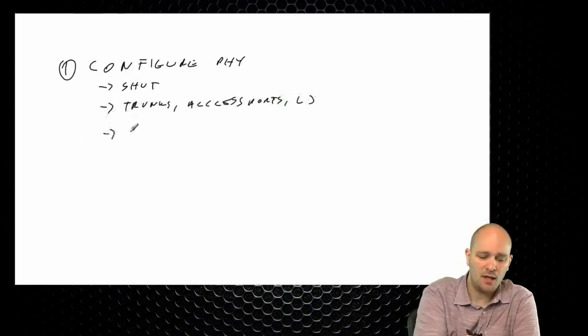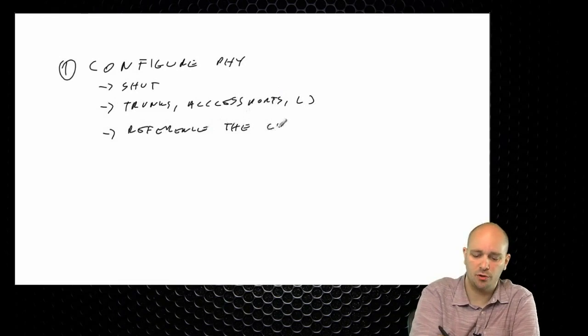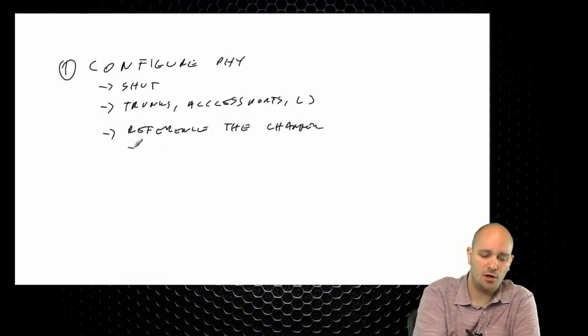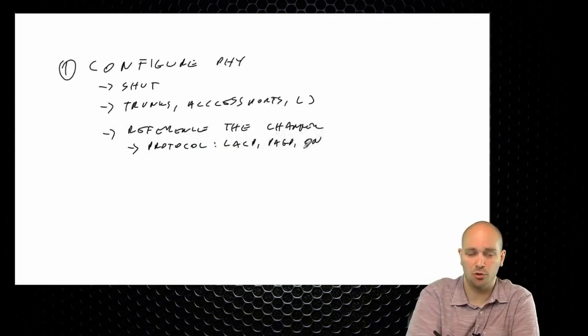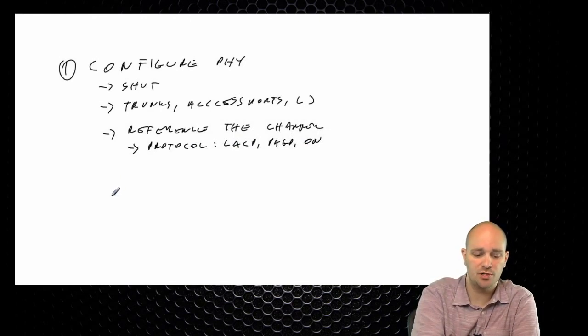Then I reference the channel to use, and here I'm going to decide on the protocol. Am I going to use LACP? Am I going to be using PAgP? Or am I going to be using just the mode on, the static configuration of the ether channel?